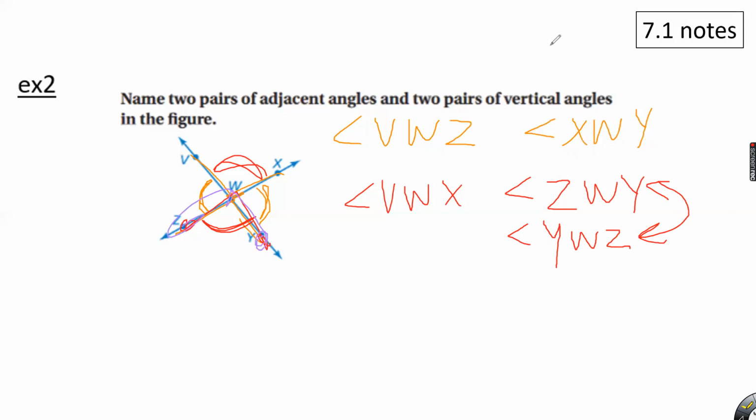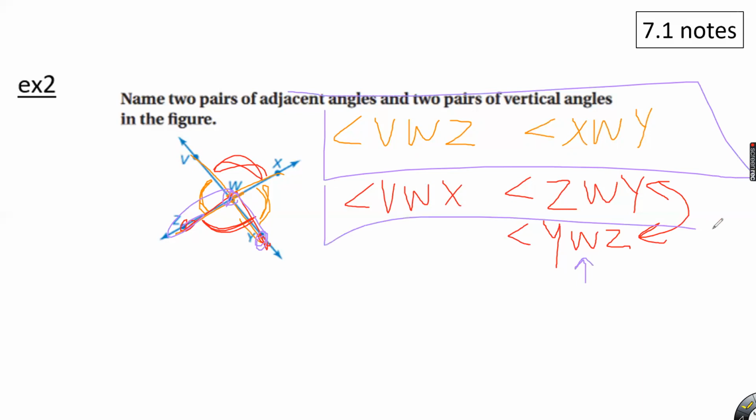It really doesn't matter as long as the vertex, that W, is the middle letter. So you have to go in order from left to right or right to left. It doesn't really matter which way. And those are going to be your two vertical angles. So you could have said this one, or you could have said that one. And remember, those letters can be written the opposite direction.